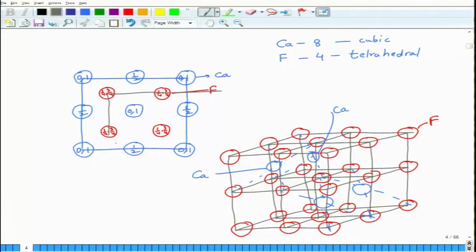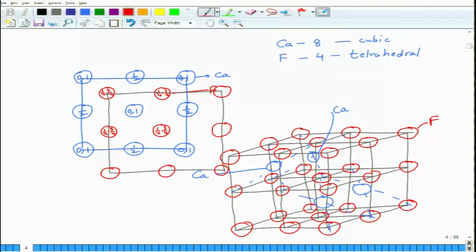So, I need to go here, I need to come here, I need to go there, and this will be another fluorine, this will be another fluorine, this will be another fluorine, and this will be another fluorine.